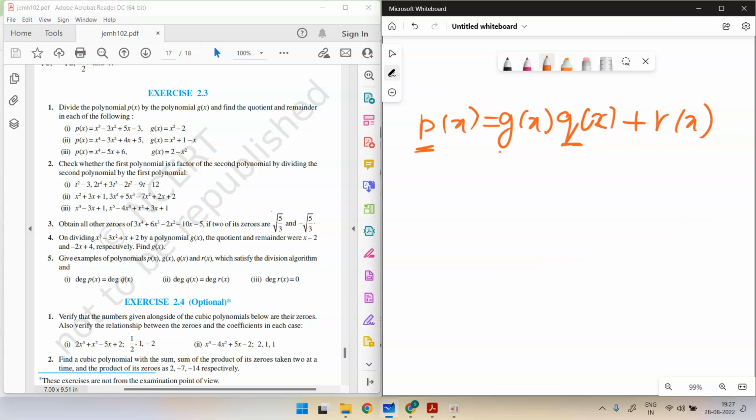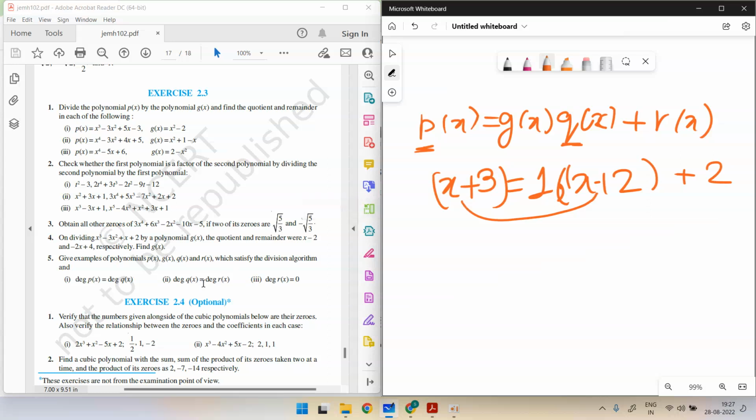So take an example, x plus 3, and you can take x plus 2, which is written as equals one into x plus 2 plus 2. The degrees are the same.